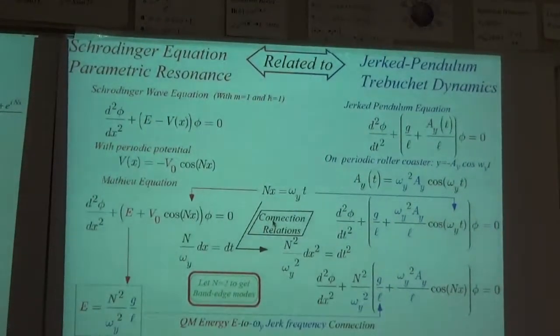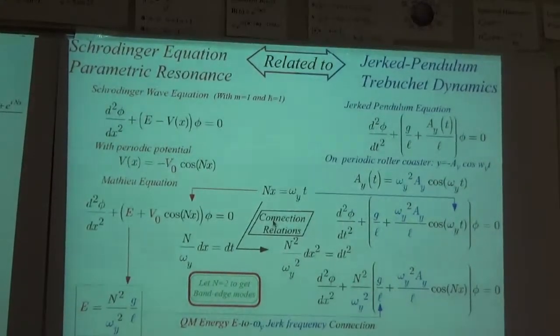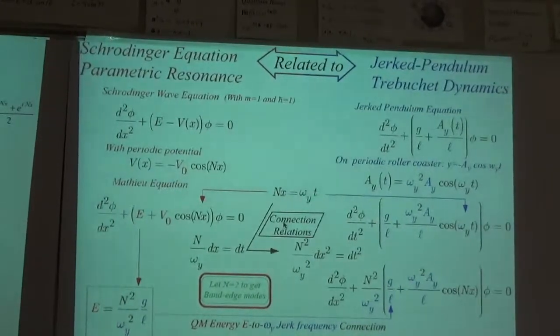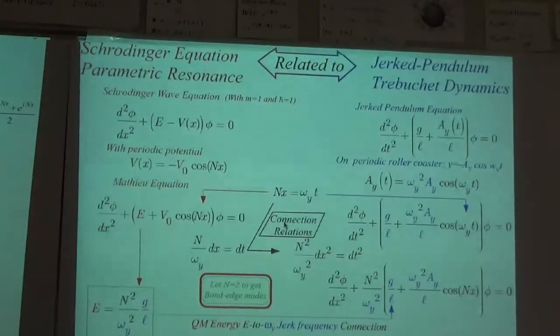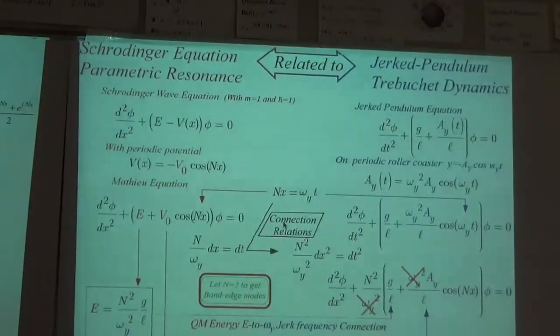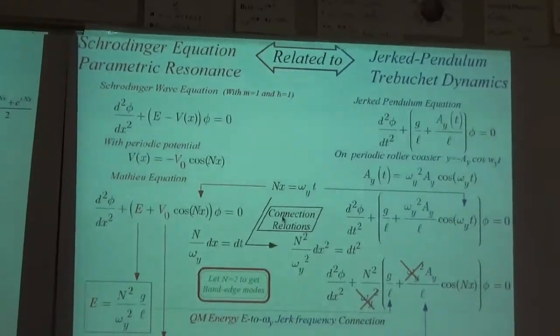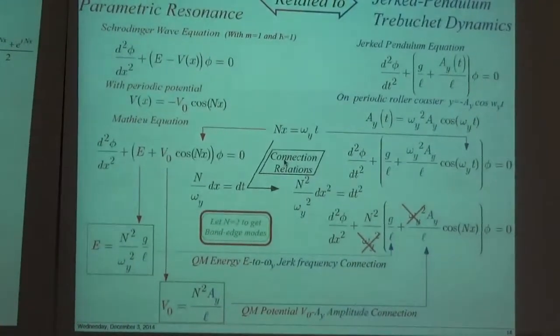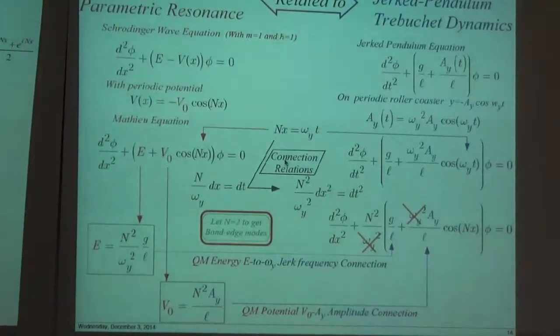And we notice we have connection relations between eigenvalues of energy and inverse square frequency values associated with the pendulum that is being jerked. And then the jerking amplitude is related to the potential. That's a little bit easier to see. But through an n squared. So if we use n equal 2, we're going to have to put 4 there.